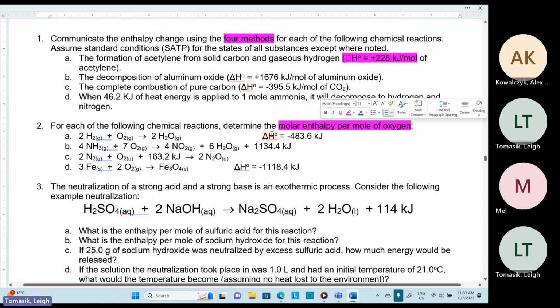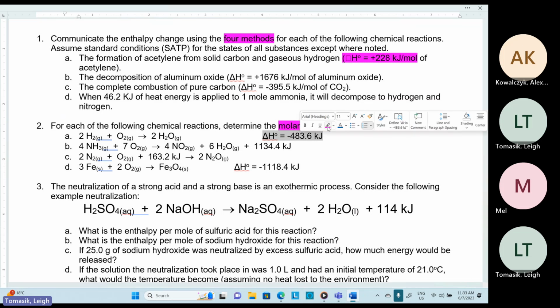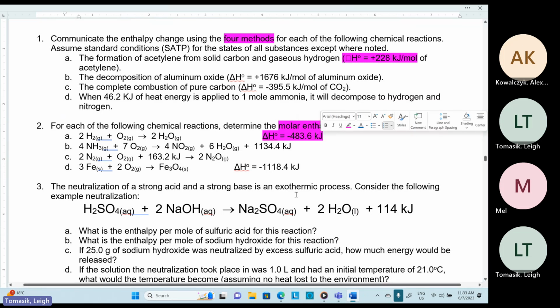So all you're going to do is take the enthalpy. This enthalpy is the enthalpy for the whole reaction. So all you have to do is take the enthalpy for the reaction and divide by the number of moles of oxygen written in the chemical equation. So the first chemical equation only has 1 mole of oxygen, so you would divide by 1, you'd get the same number.